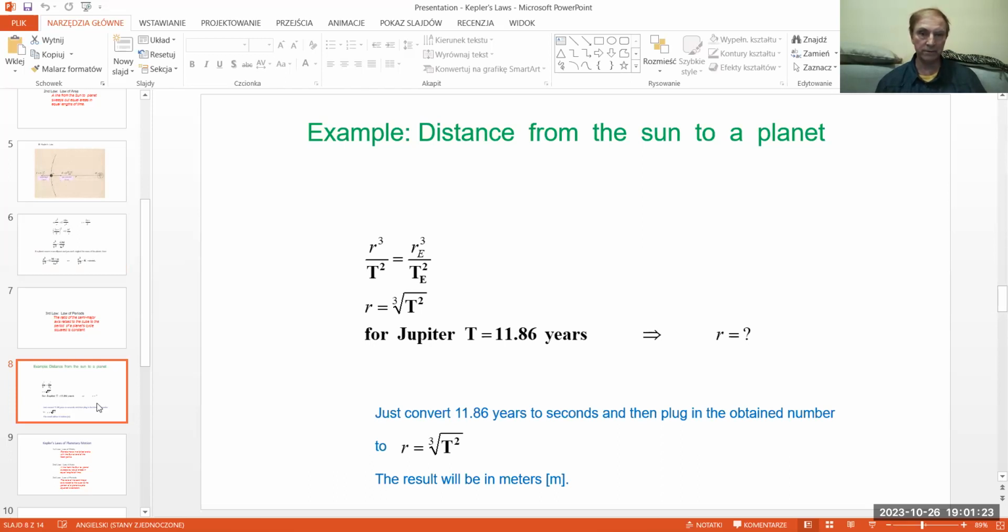Now let's do an example which is titled Distance from the Sun to a Planet. According to what you see over here, we have Jupiter, and the period of Jupiter is 11.86 years, and we need to find the radius, or more precisely speaking, the semi-major axis of Jupiter in its revolution around the Sun.